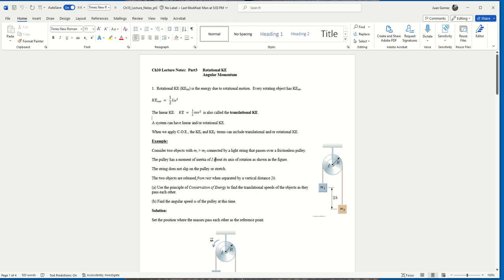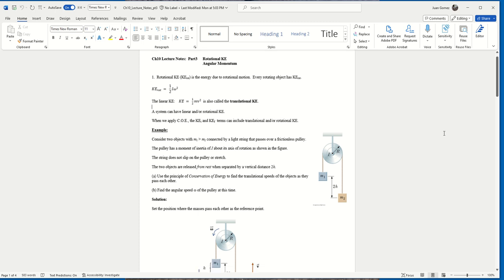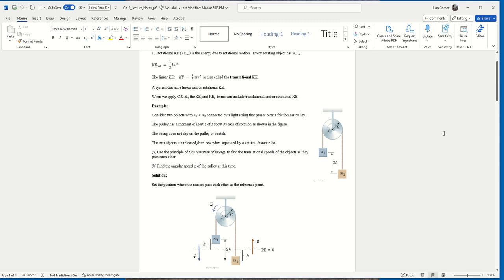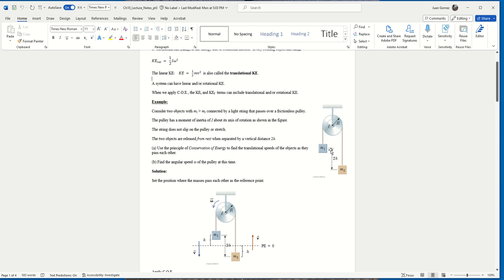We're going to solve problems using Newton's second law for rotation and Newton's second law in, for example, the y direction. Or, likewise, what we did in chapter 7, we can use an energy approach, using conservation of energy, which sometimes is a little bit easier. Let's look at what we mean by a system having linear and or rotational kinetic energy.